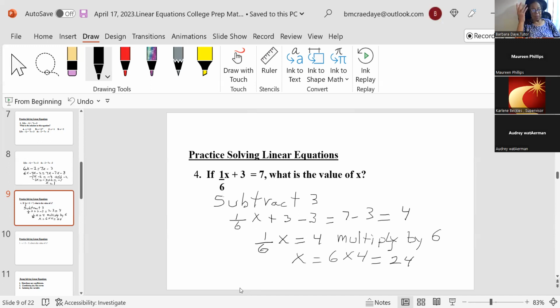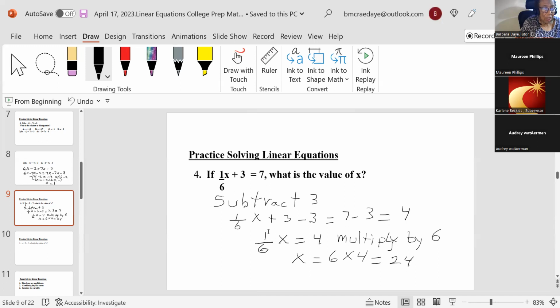You can simplify your life by saying right here, what number divided by 6 is 4? 24. So you don't always have to go through each algebraic step. For some, you can use mental math, and this is saying 1/6 of a number is 4. There's only one number where you take 1/6 of it and get 4.